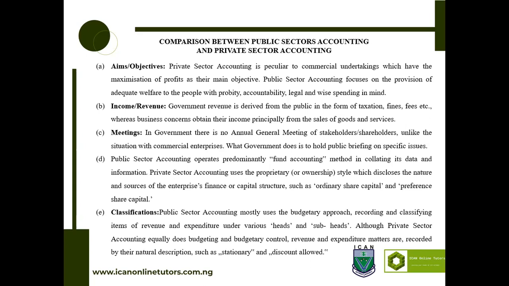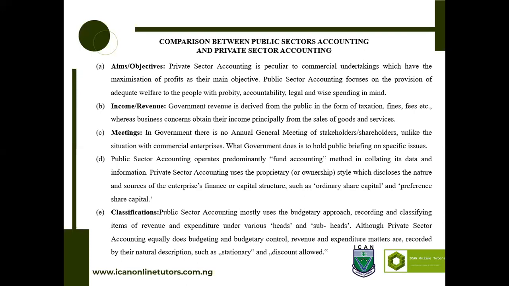While the objectives of public sector accounting focus on the provision of adequate welfare, creation of welfare for the people, giving accountability, with legal and wise spending in mind. The general focus is provision of adequate welfare and giving accountability to the general public. So that's the main objective of public sector accounting.